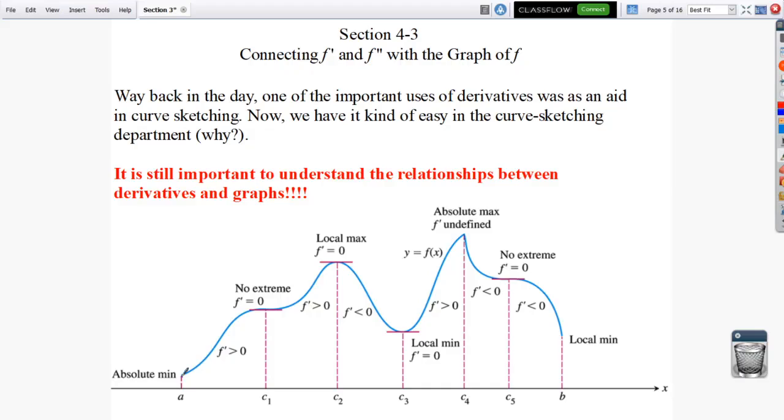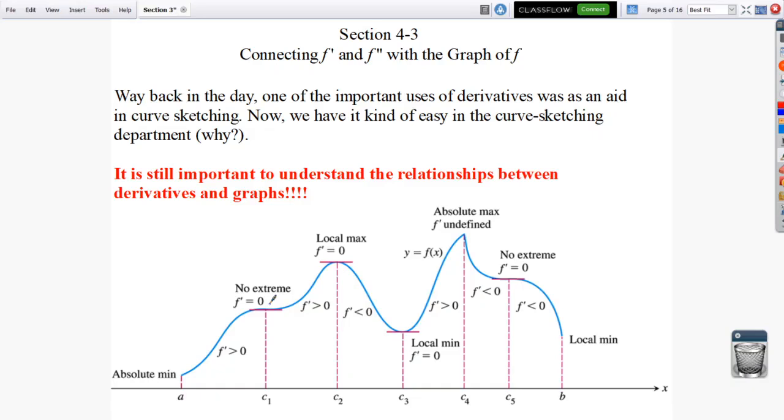So looking from A to point C1, f prime is greater than 0. That means that the function is increasing on that interval. Now at C1, I do have an f prime of 0, so that would be a critical point.